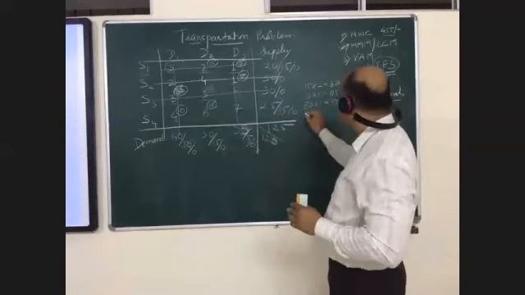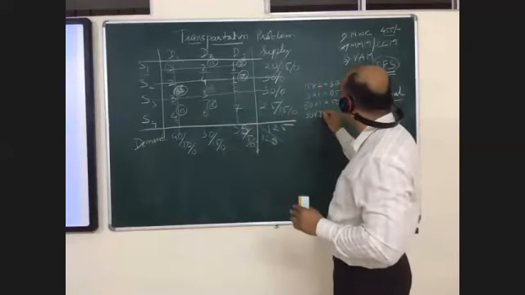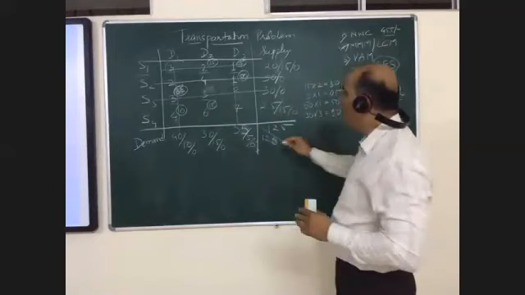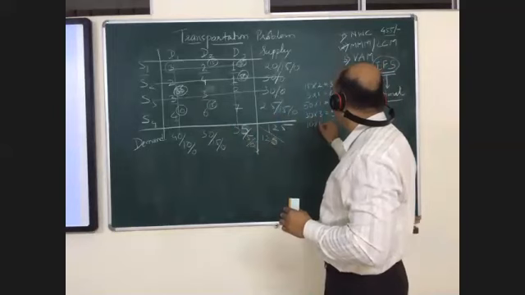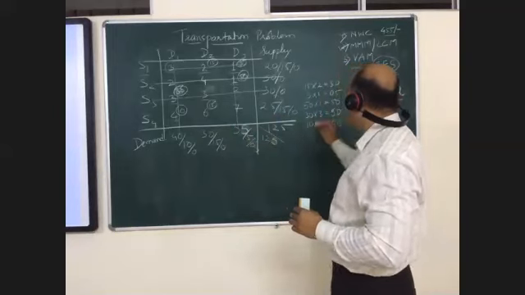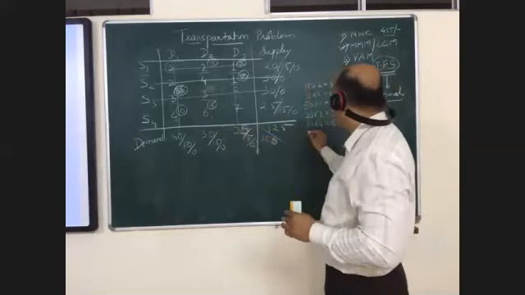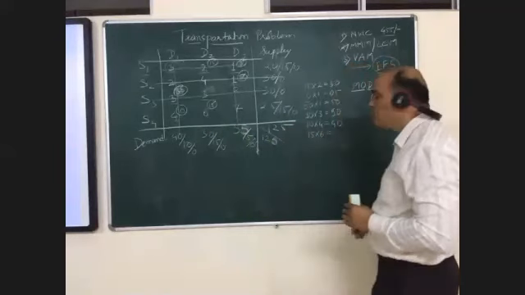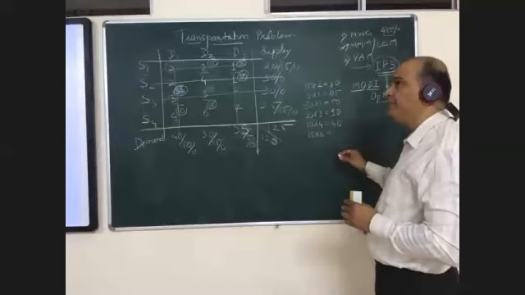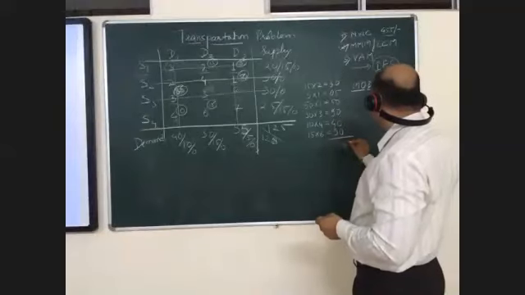If I choose this, it is 30 into 3, that is 90. 10 units at 4 rupees, 40. 15 units at 6 rupees, how much? 90. Yeah, what will be the total now? 305.